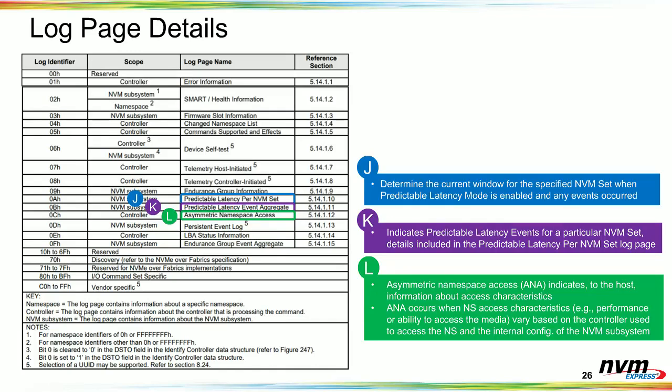So that asymmetric namespace access information can be passed on to the controllers, like, hey, you don't have access to get the data from this namespace, or maybe you can only utilize a certain level of performance and only have a certain level of latencies. All that information can be passed to the controller so that it's a level set or expectation set in terms of what it can do or what it cannot do.